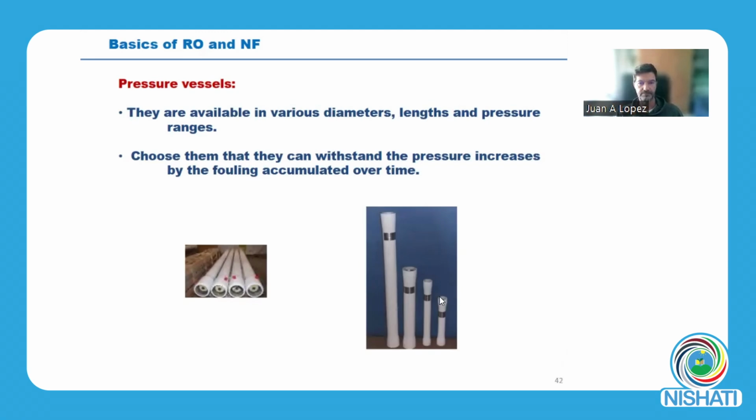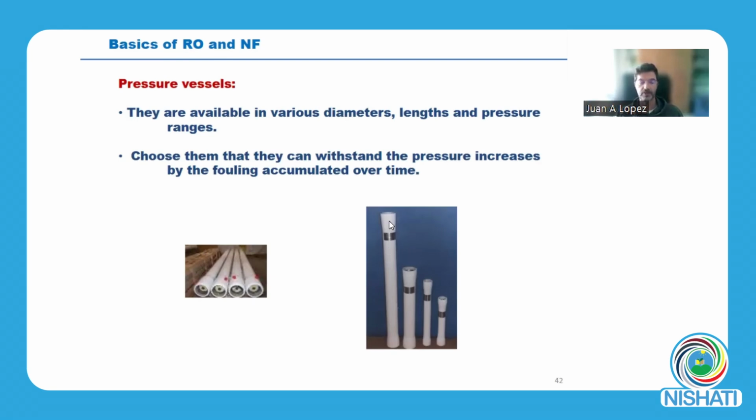Just a short idea about the pressure vessels. This is the place where you put your membranes. You can find different configurations for the smallest membranes and for the big ones, different diameters, different lengths. The most important thing is that they must be selected according to the pressure that you are going to work with.